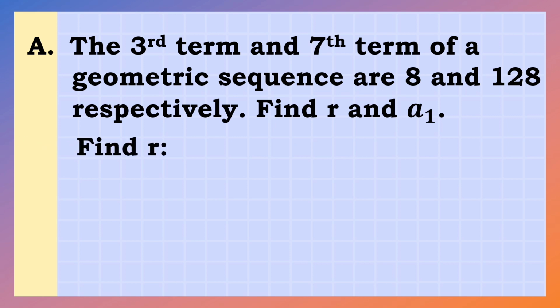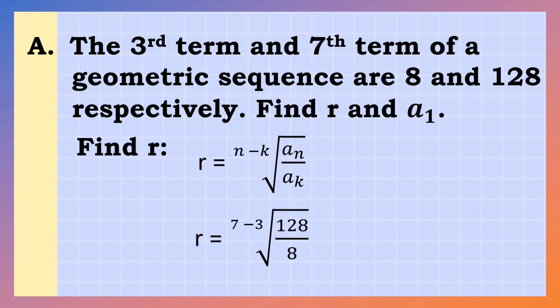By using another formula, r equals the n minus kth root of a sub n all over a sub k, wherein a sub n is the last term and a sub k is the other given term. N and k are the subscripts of both terms. By substitution, we have r equals the 7 minus 3 root of 128 divided by 8.